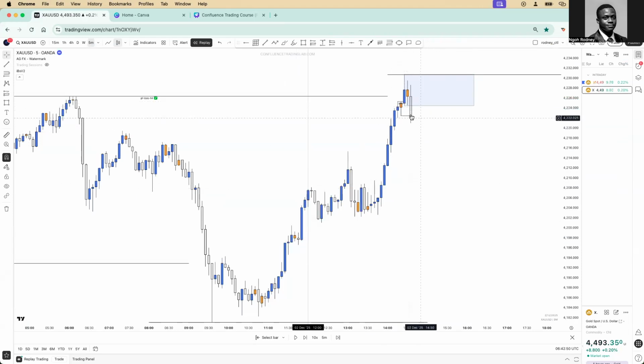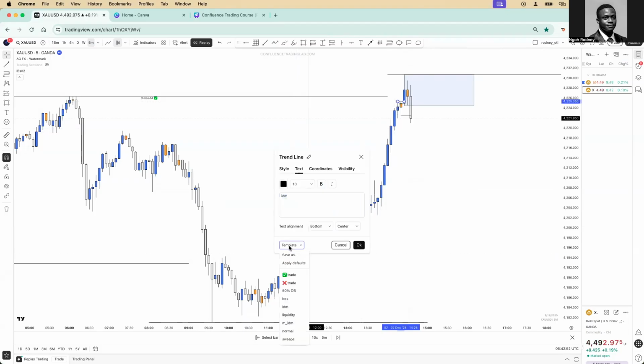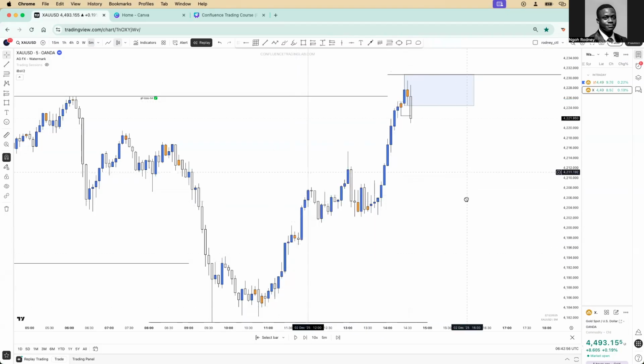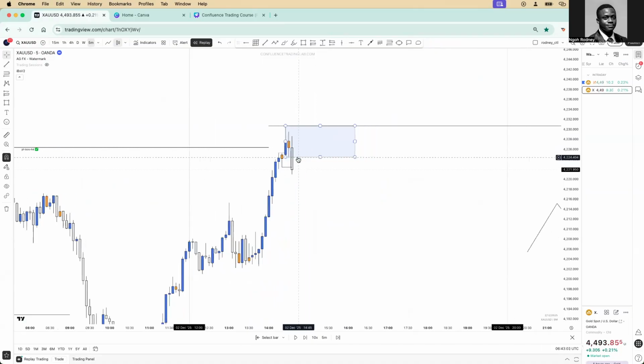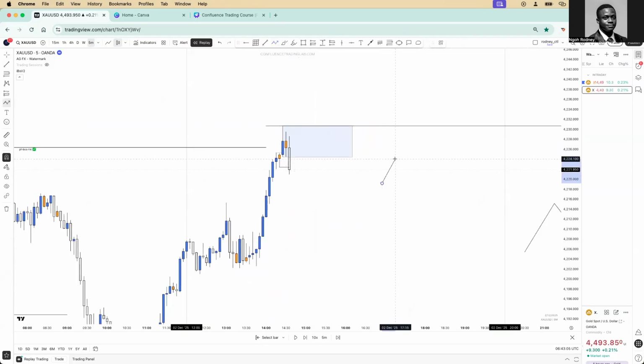We call it an inducement because the idea here is, remember that for every buyer, there needs to be a seller, right? So what do we do? We need to create a situation where buyers will be excited or think we are going to buy, and then you take them out, because this move is to fill sellers in, and then sellers come back to mitigate, and then the real move down continues.